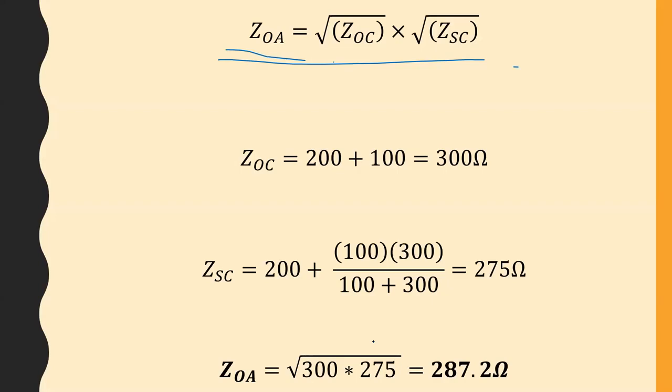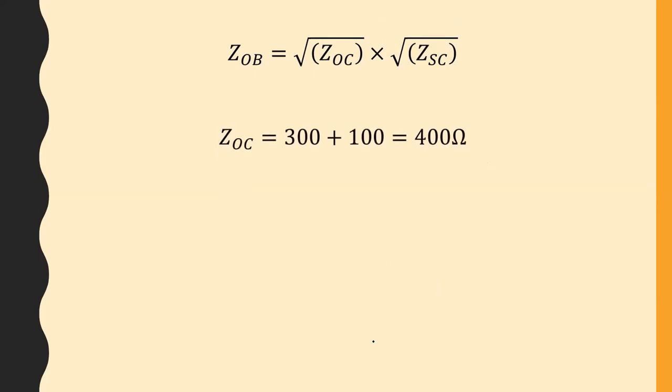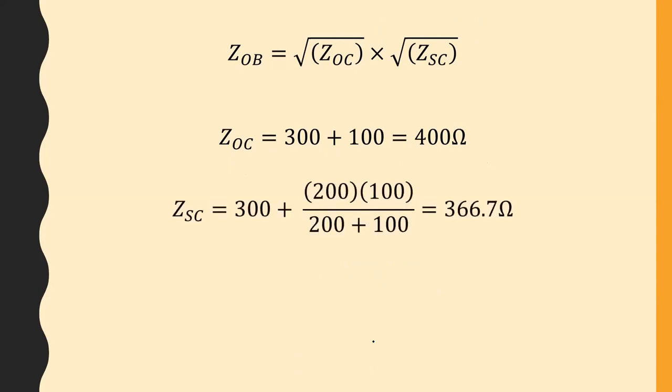What do you think? So far, sir. If I look to the other port and find OB, same equation, but looking at the open circuit the other way, I get 400, and for the short circuit, I get 300.